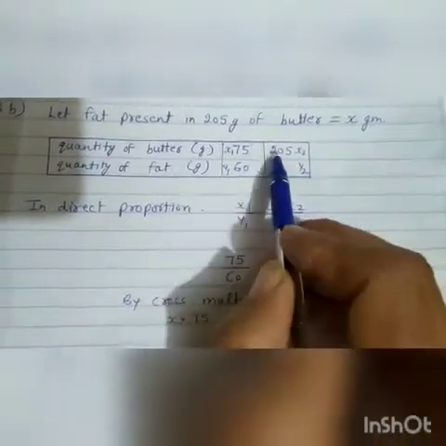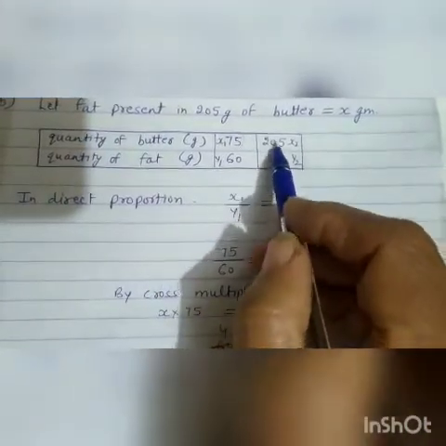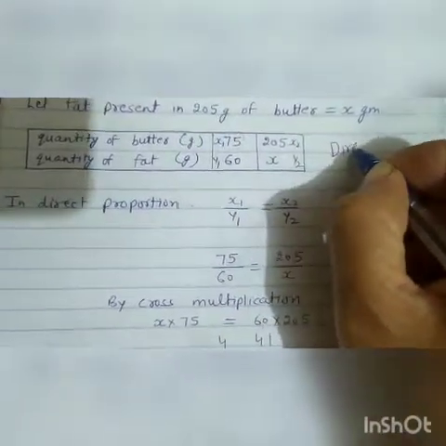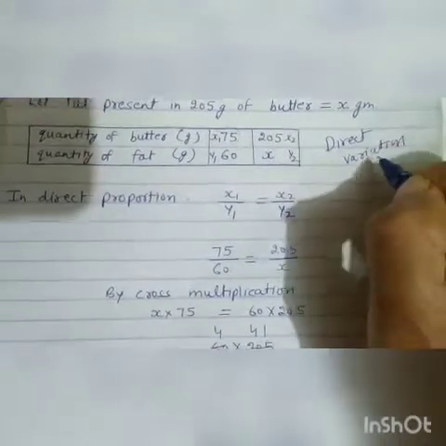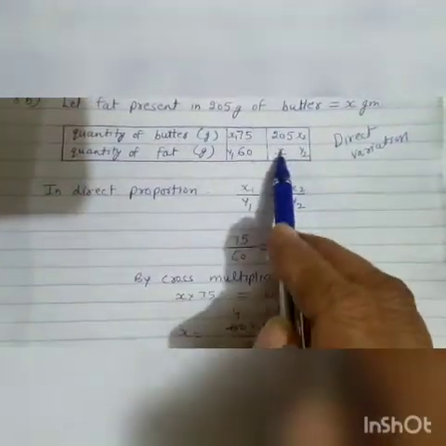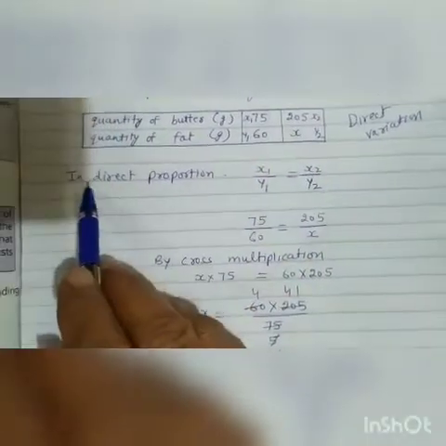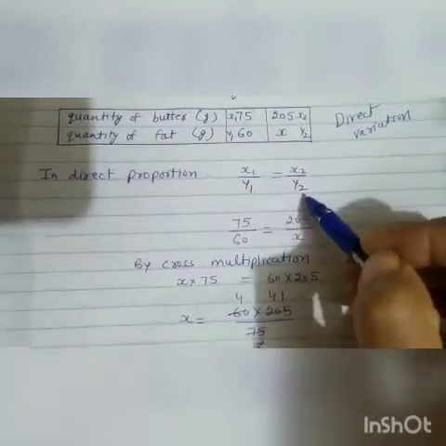Means quantity of butter is increasing, then quantity of fat will also increase. Both the quantities are increasing. Again, it is a case of direct variation. In direct variation, either both the quantities increase or both the quantities decrease. So, in direct proportion, we know x1 upon y1 is equal to x2 upon y2.